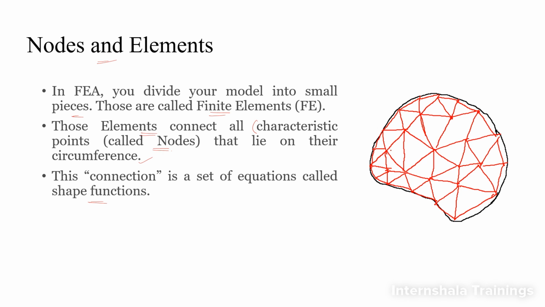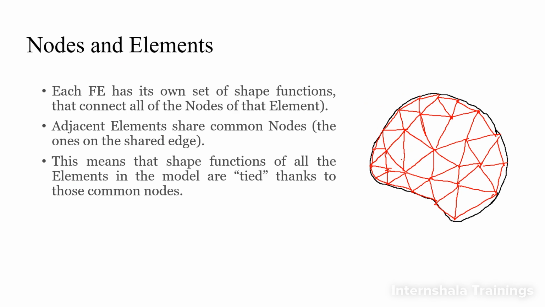Whatever connection is created here will be defined mathematically, which is called a shape function. Using these shape functions, we will determine the value of the required results at different positions or points. Now, each finite element has its own set of shape functions, and this will connect the nodes of that particular element.